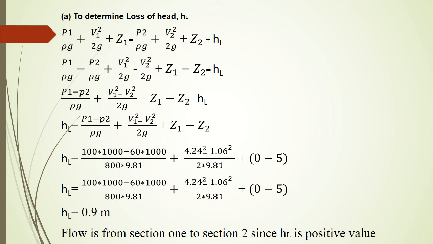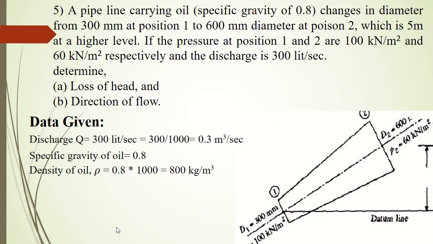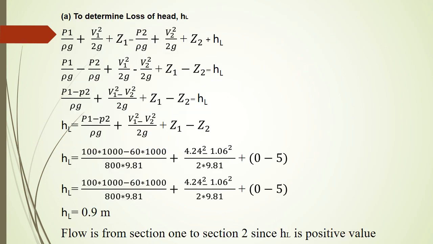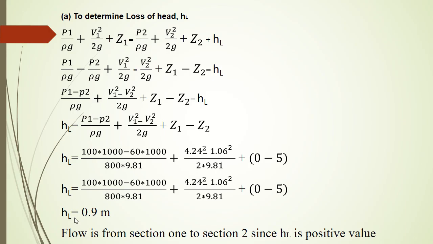Now he has also asked you to mention the direction of the flow. Because I have got this loss of head as positive, it means the reference direction that I have taken is correct, that it is flowing from section 1 to section 2. In case you get a negative loss of head, it doesn't mean that the loss of head is negative, it means the reference that I have taken is wrong.